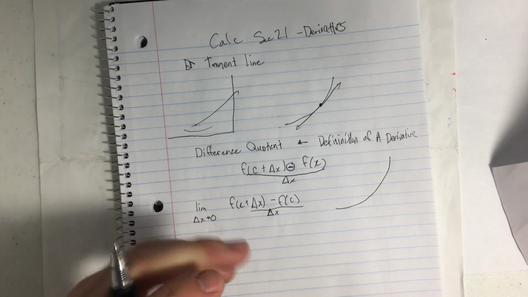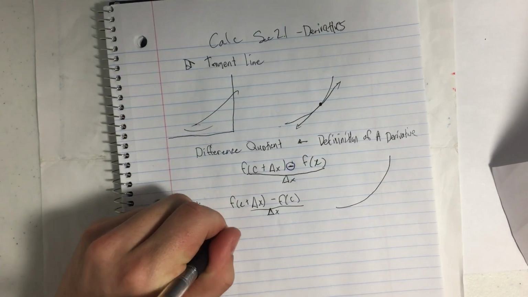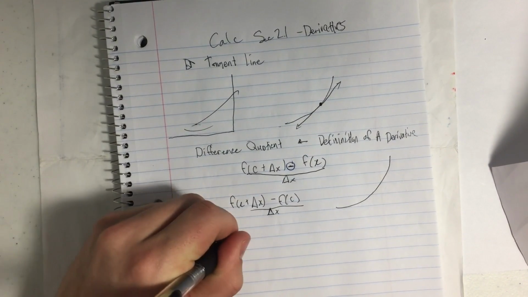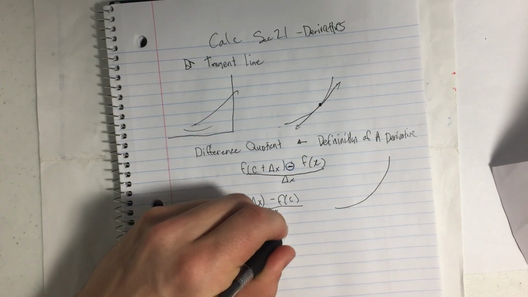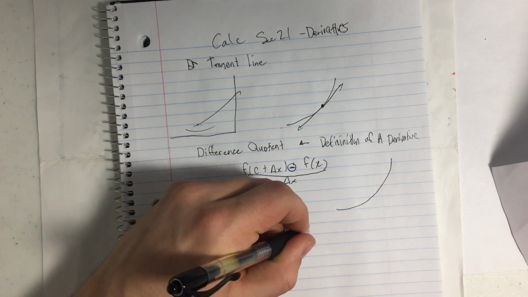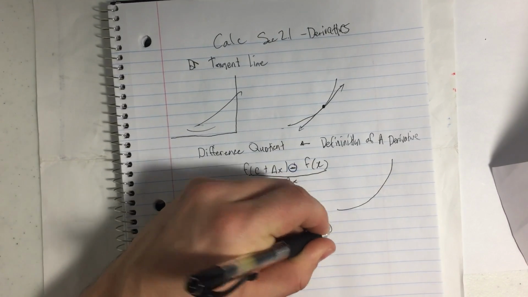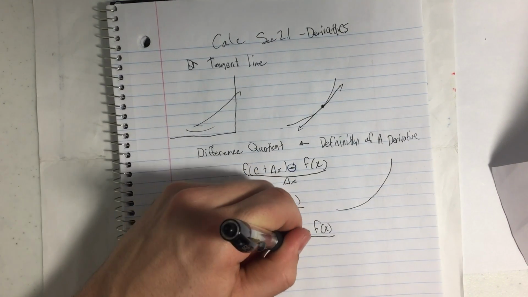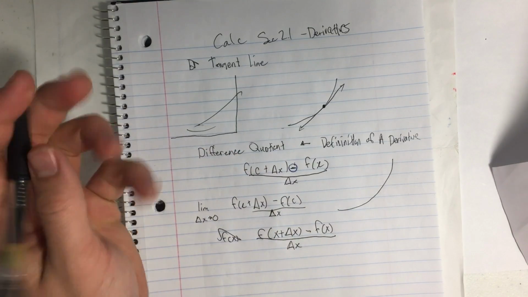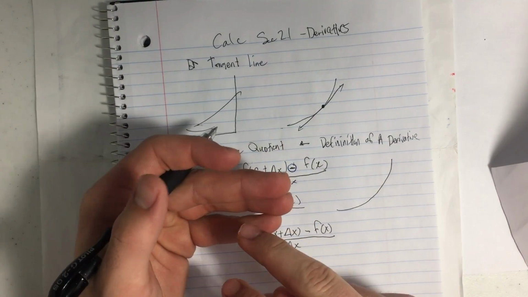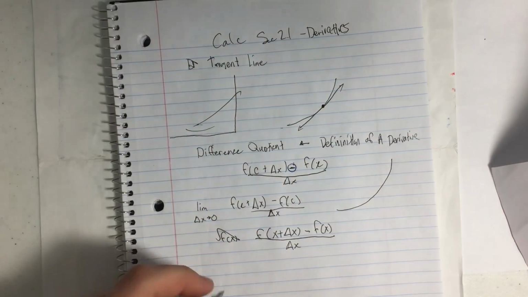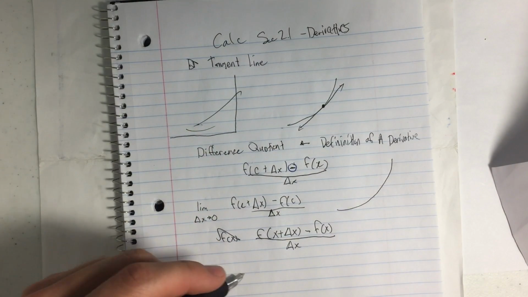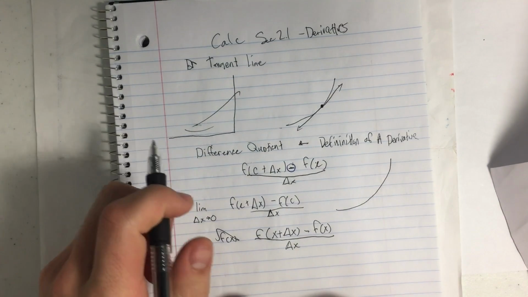The way I wrote it when you use it is f of x plus delta x minus f of x all over delta x. Okay, that's what it really is. I'm going to look for an example. Also some derivative notation, I'll cover that at the end.